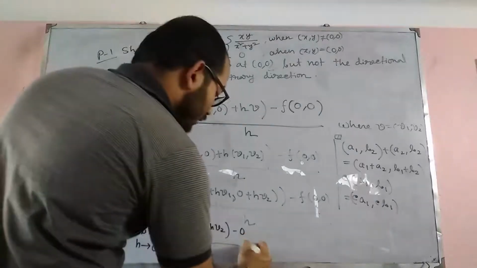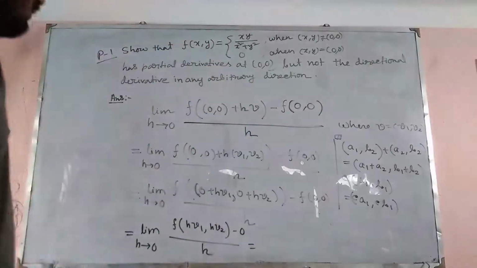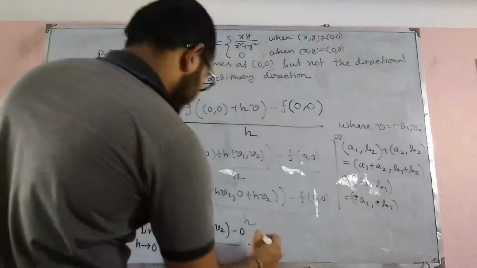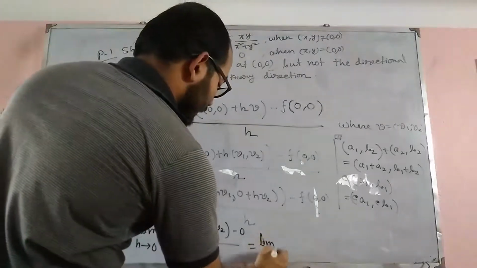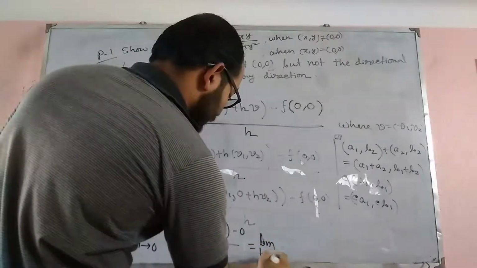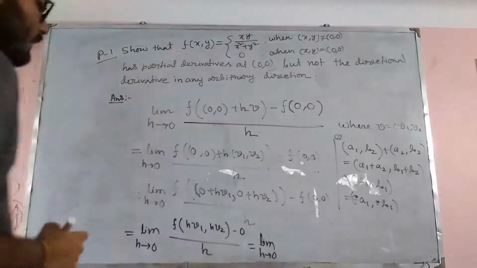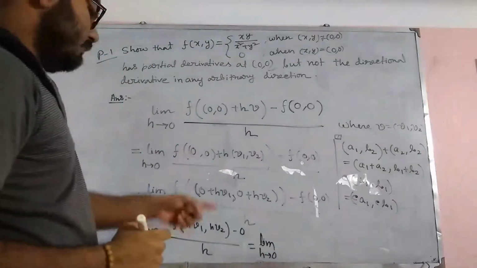Now I write this limit h tends to 0. See, what is f of h v1 comma h v2?